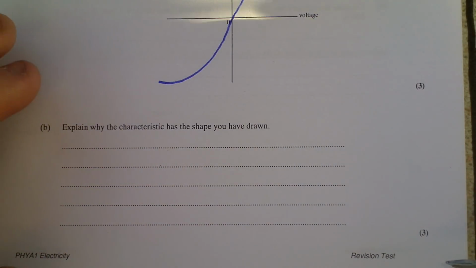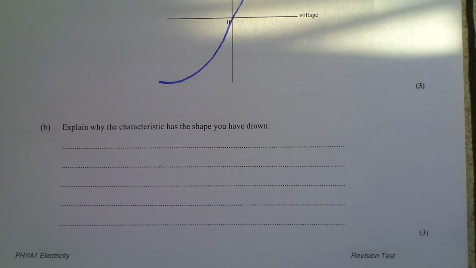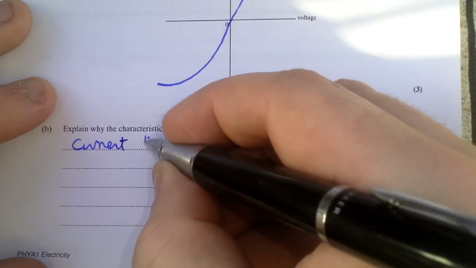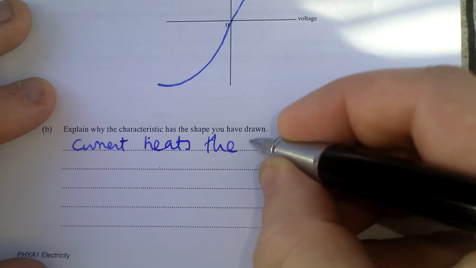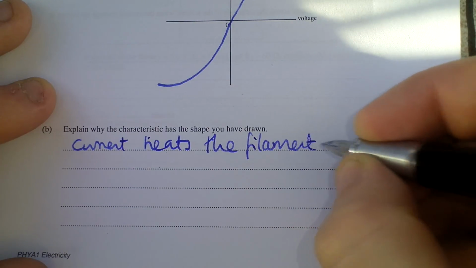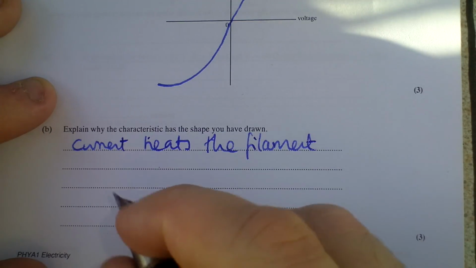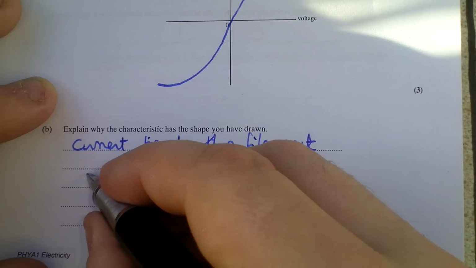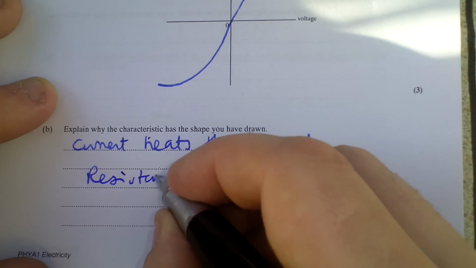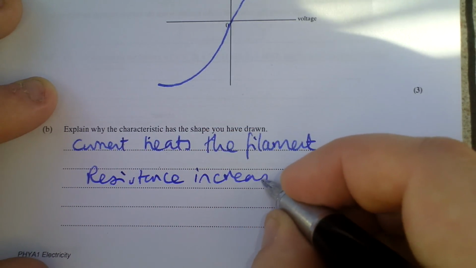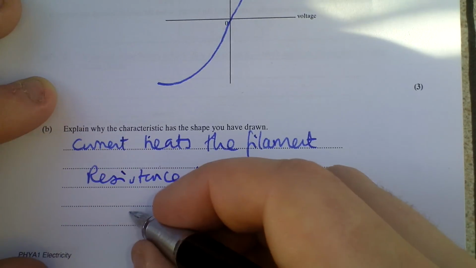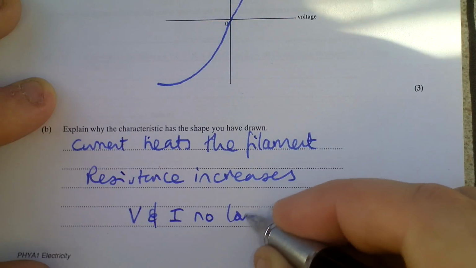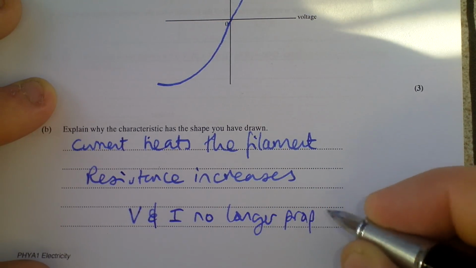Explain why the characteristic has the shape that we've drawn. Well, that's worth 3 marks, so we need to be a little bit careful that we get all of those 3 marks. First of all, we need to say that the current passing through heats the filament, so there's a heating effect due to the current. We need to talk about the fact that as the temperature of the filament increases, that increases the resistance, and that gives this effect that voltage and current are no longer in proportion.